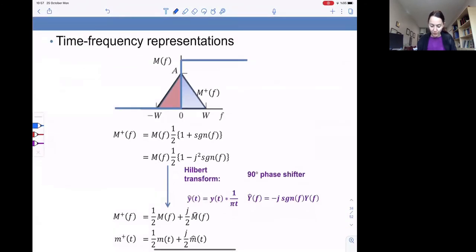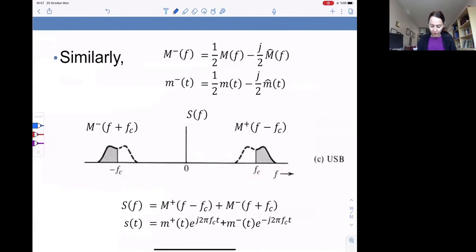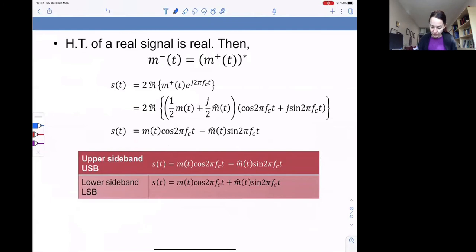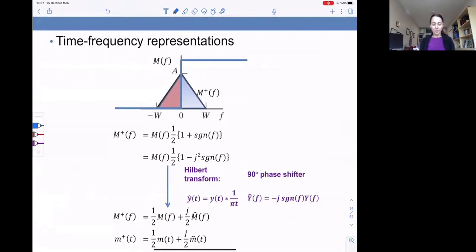Well, let's first start at baseband. At baseband, if I want to capture this blue part, I need to use a filter, a strange filter that looks like this. It has a sharp cutoff exactly at 0. It does not pass the negative. Of course, this is not a real valued filter, right? This is a complex filter.